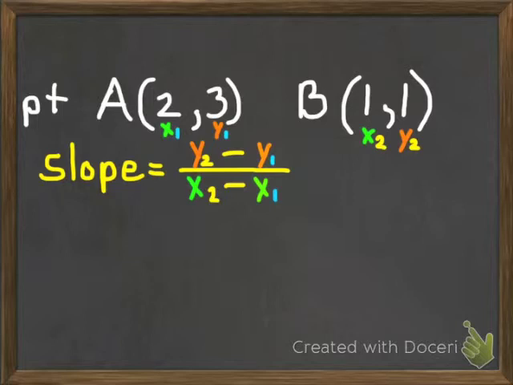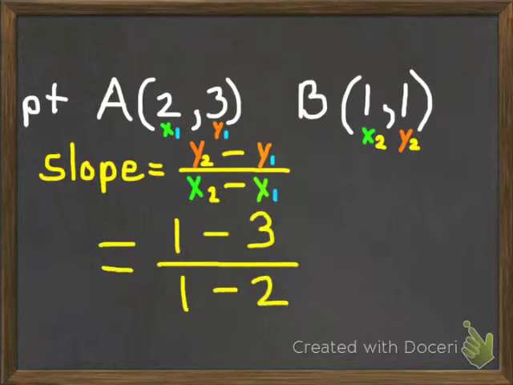We'll take our y2 coordinate, which is in point B, so our y2 would be 1, and then our y1 coordinate would be from point A, so that would be 3. Then we'll go down, and our x2 coordinate would be in point B, which would be 1, and then our x1 coordinate would be in point A, which would be 2.